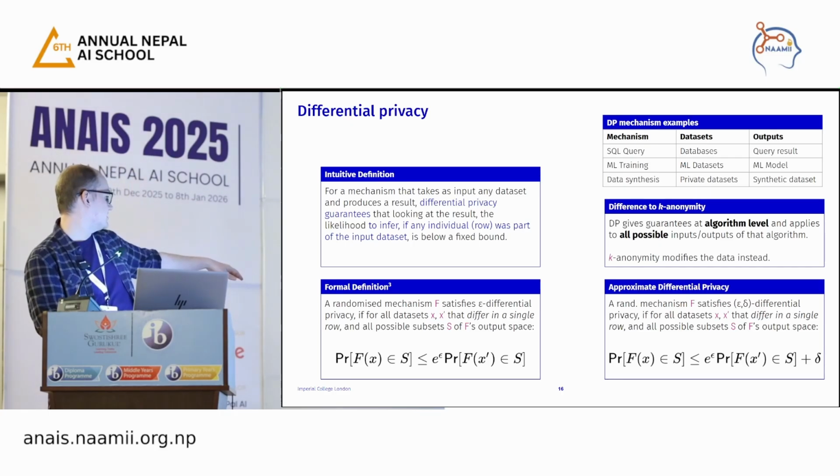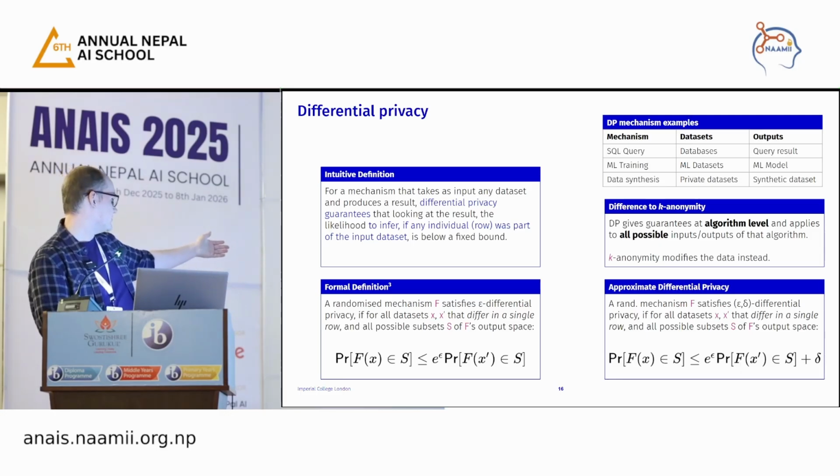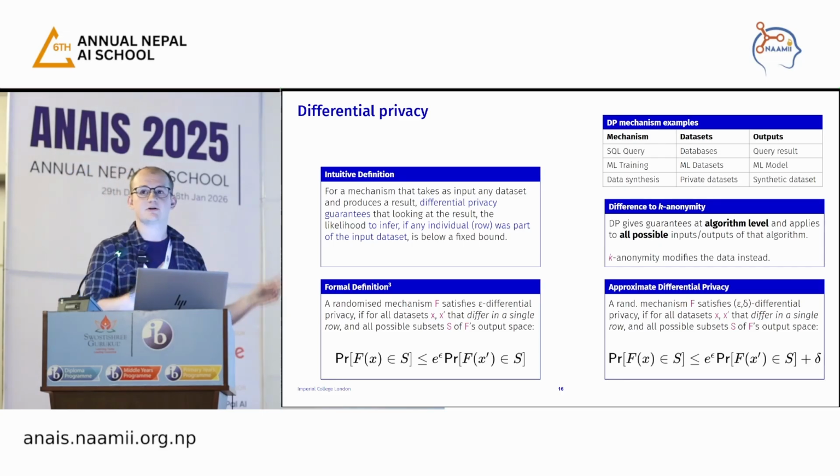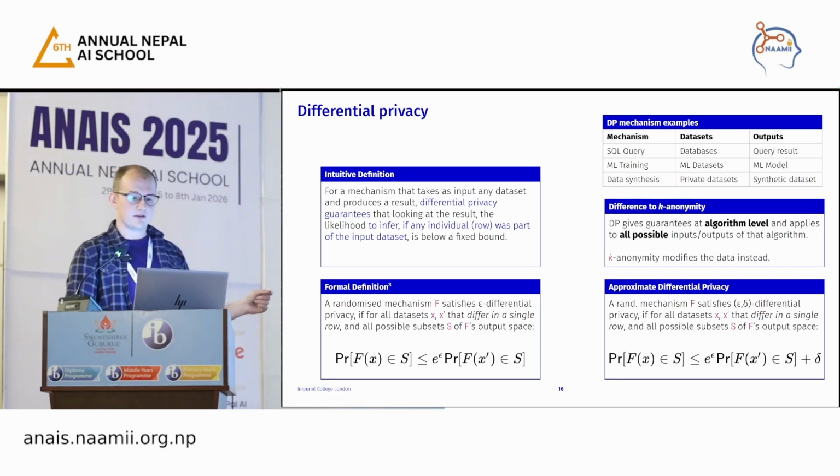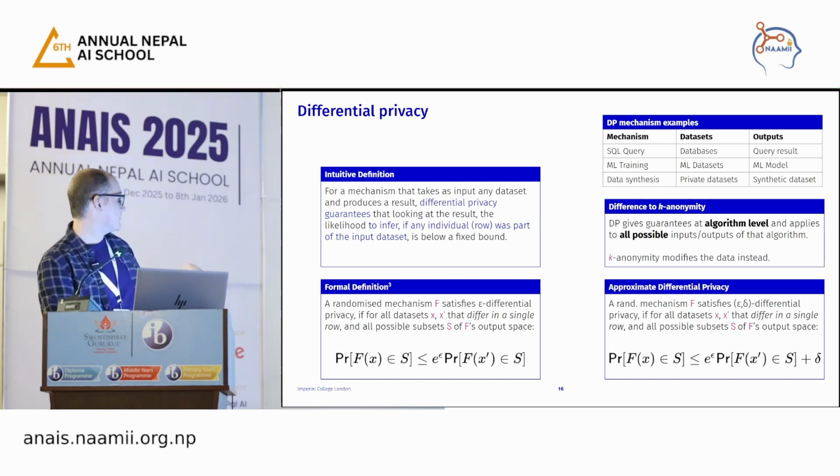So the mathematical formulation looks like this. A randomized mechanism F satisfies epsilon differential privacy if for all data sets X and X prime that differ in a single row, so between X and X prime, which are two data sets, there's only one data point of difference, and for all possible subsets S of F's output space, so this is a probabilistic mechanism, so it will output probability distributions, the ratio of the probability of observing the result with and without the data point is bounded by e to the power of epsilon.